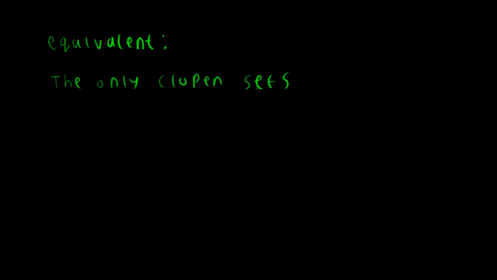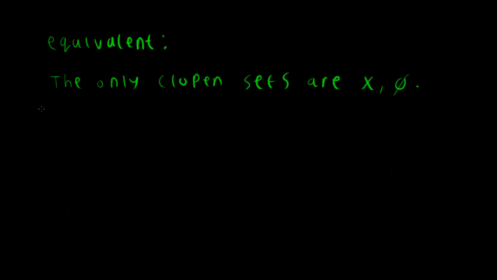Let me just put equivalent up here. So this is equivalent to the connected definition. The only clopen sets, where clopen means closed and open, are X and the empty set.